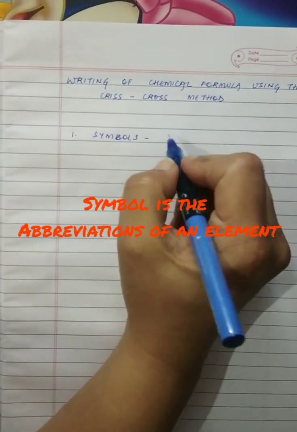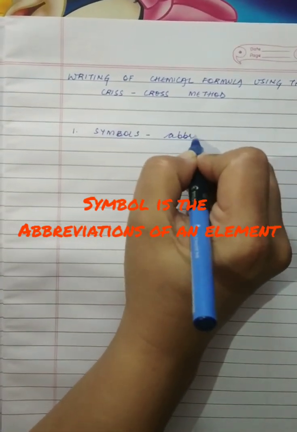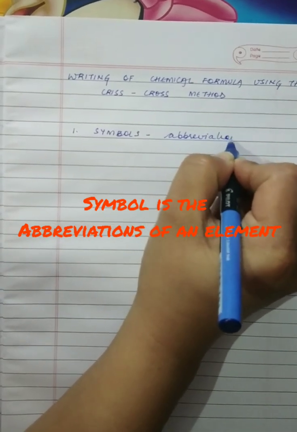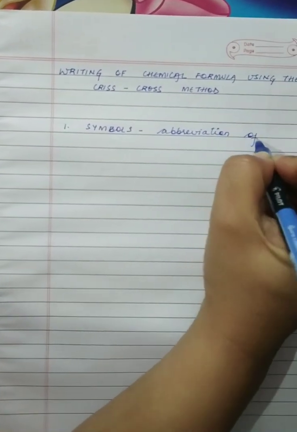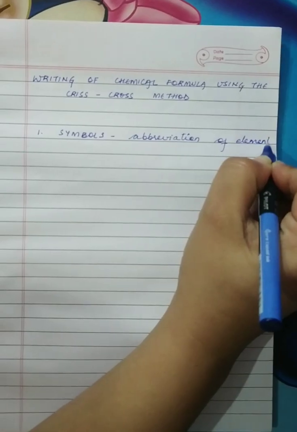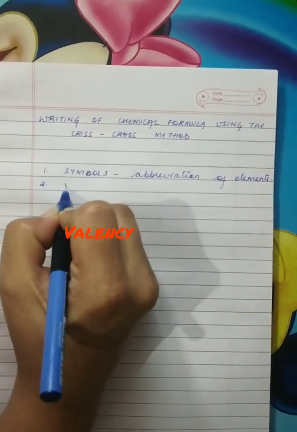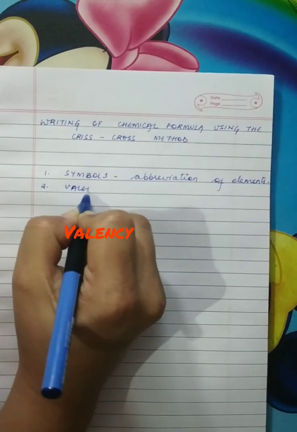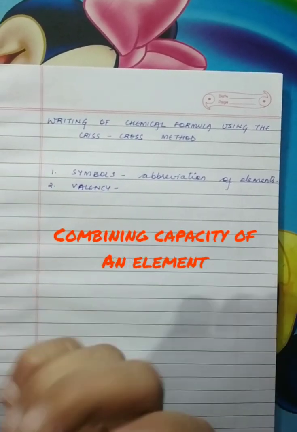We've already done what is symbols. Symbol is the abbreviation of elements, and I've already given you a list of abbreviations of various elements, or the symbols of various elements. And number two, what we require is valency. We've also done what is valency.